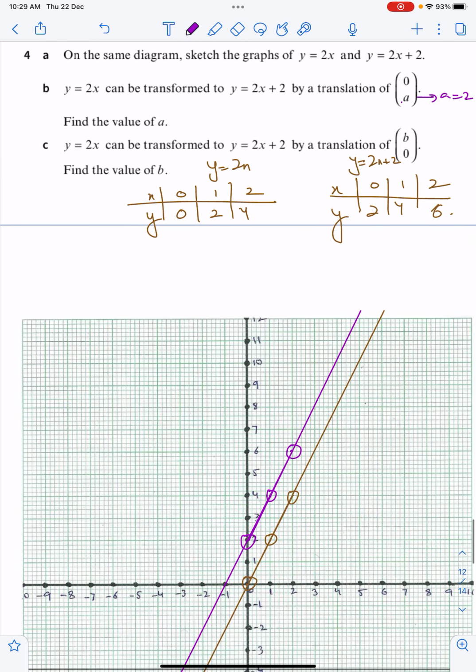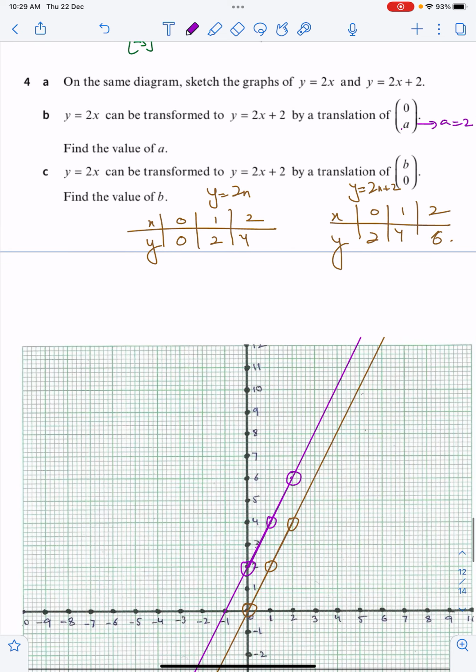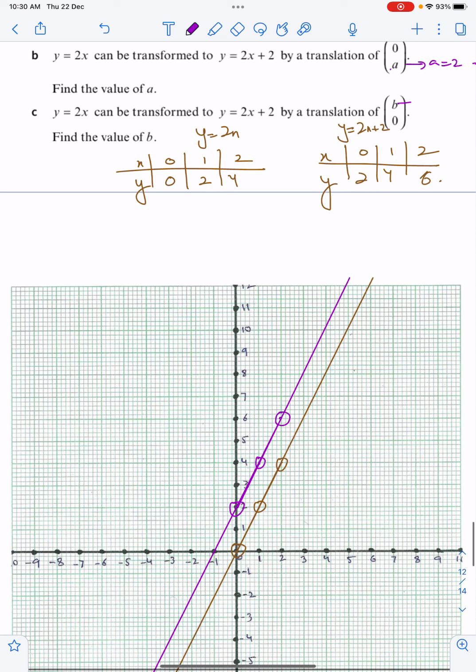Okay. The value of b is going to be, the whole graph has shifted to the right by 1 unit. Okay. So it's going to be (-1, 0). So the value of b is going to be negative 1. b is going to be negative 1.